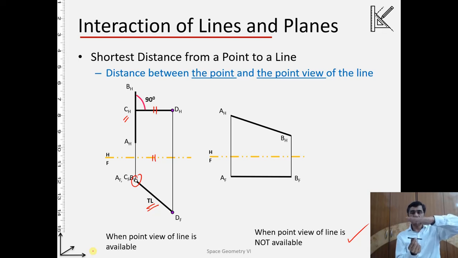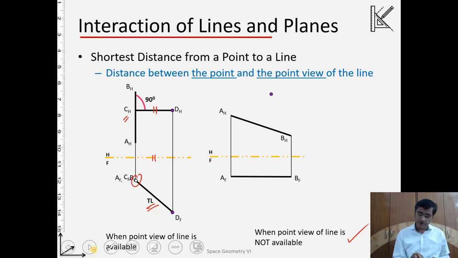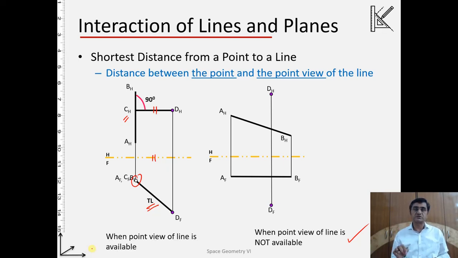Okay, now for this case we have to solve, and the given point is this D. So DH is the projection of the point on the horizontal, and DF is the projection onto the frontal.